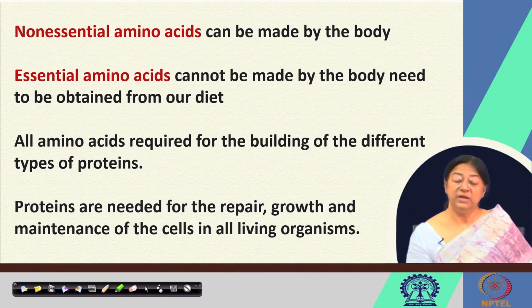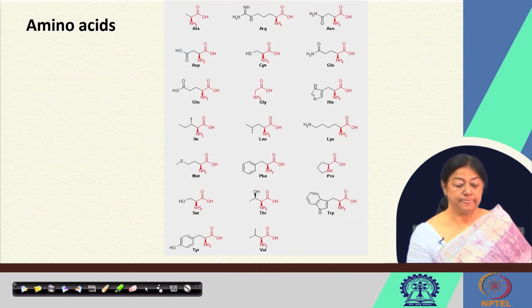So they have to be obtained from our diet, and all the amino acids that we saw are required for the building of the different types of proteins. We will realize the importance of the proteins as we go along in this course, because they are needed for all living organisms for the repair, the growth and the maintenance of the cells in our body.